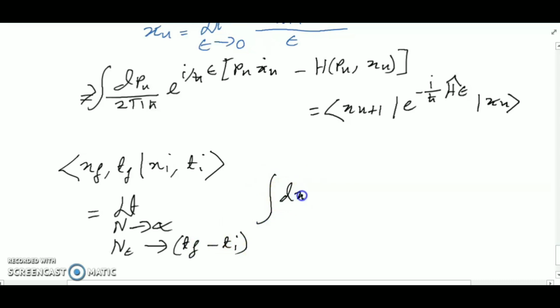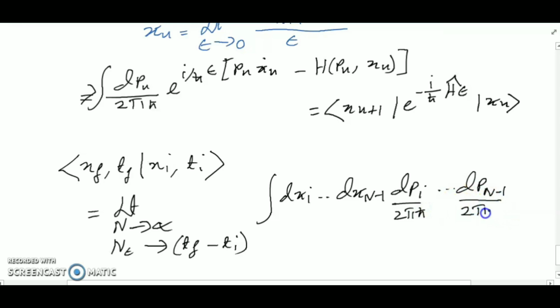So it is dx i and dp 0, dp 1, dot dot dot dp n minus 1 divided by 2 pi h bar, dot dot dot 2 pi h bar.